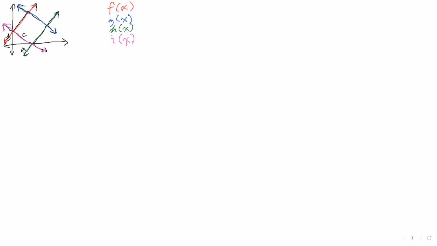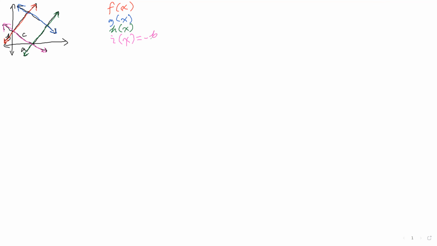Alright, f of x is perpendicular to i of x. I think i of x is the easiest one to find first because you know that the y-intercept is b and the slope is negative b over a.